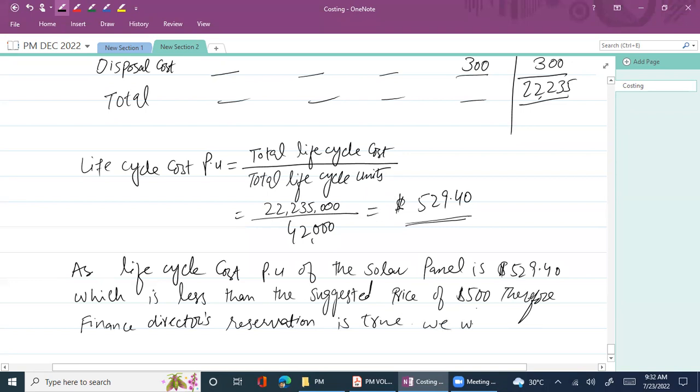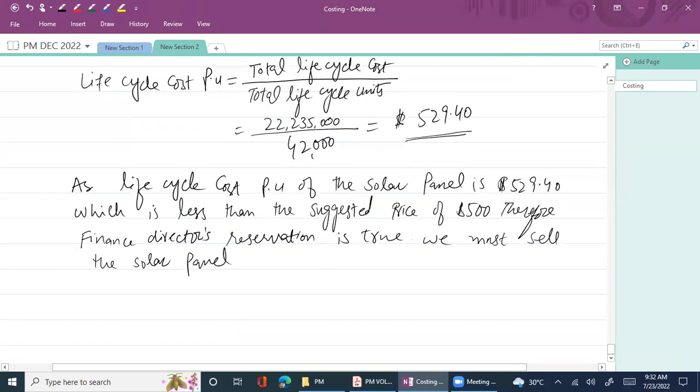We must sell the solar panel at least equal to cost. So in order to be at break even, we must sell this solar panel at least equal to cost.